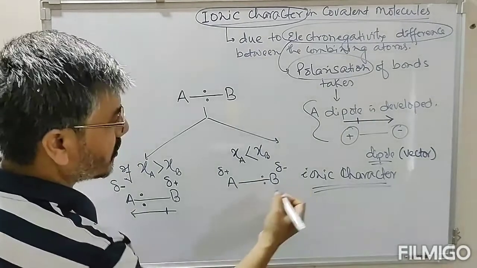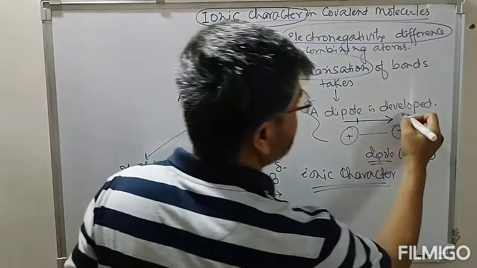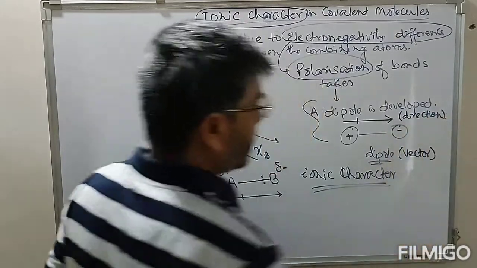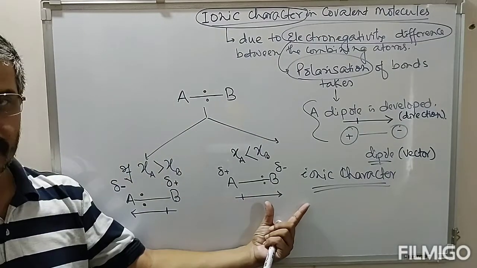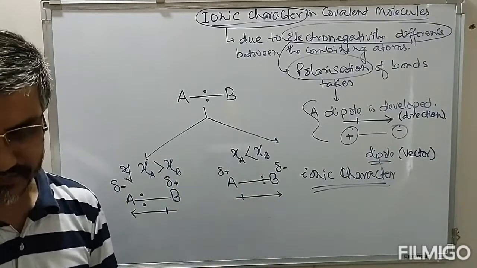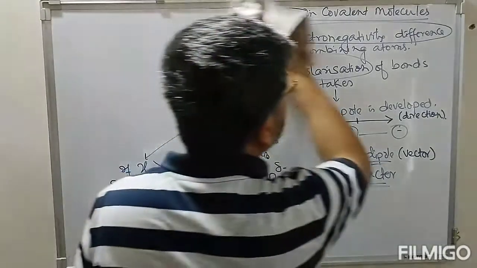Or if B is more electronegative, then this is the direction of dipole. Now, so we have a dipole developed. So we have to find the percentage ionic character in this. Theoretical consideration, let's see.